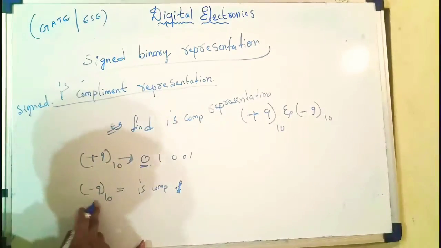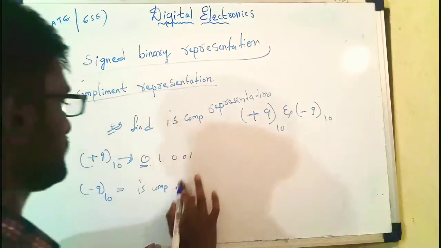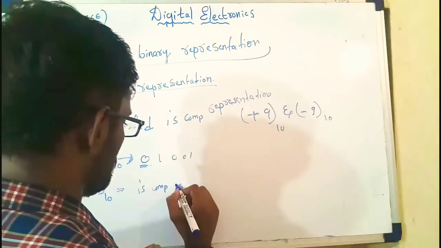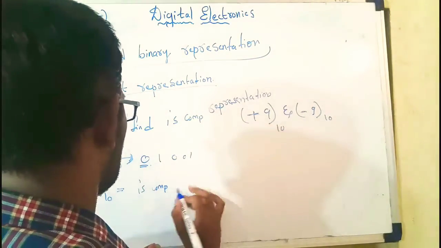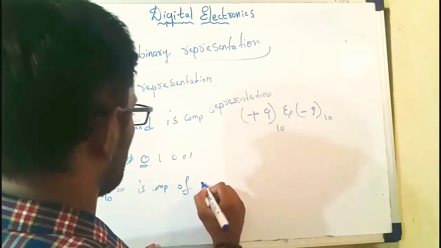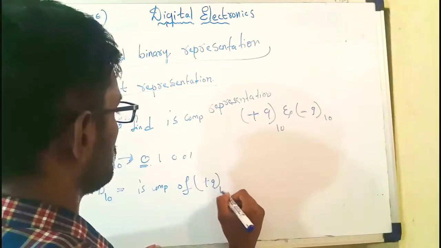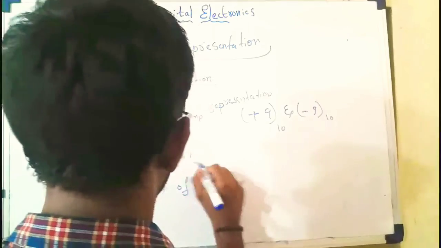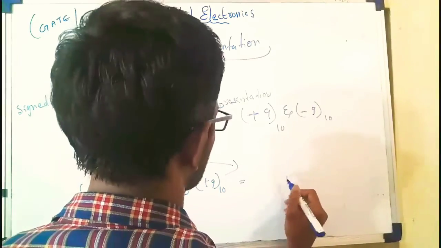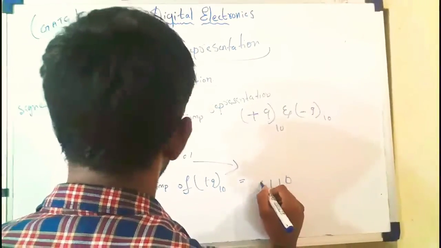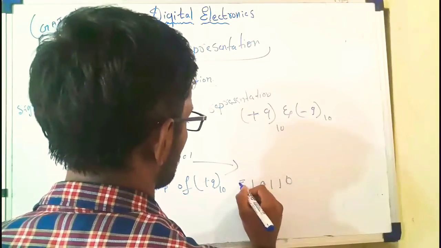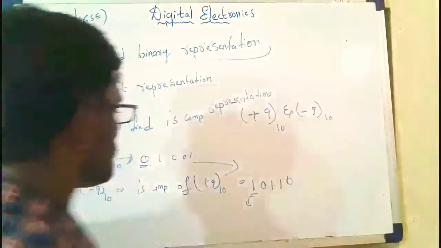Minus 9 to the base 10 equals the 1's complement of plus 9, the complement of this is 0, 1, 1, 0, and this is 1. So this indicates that the number is negative.